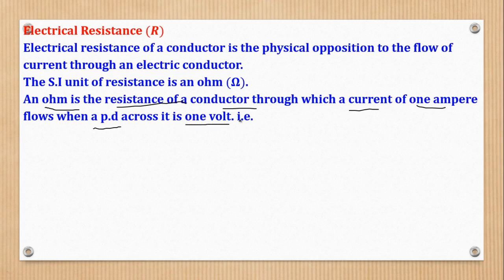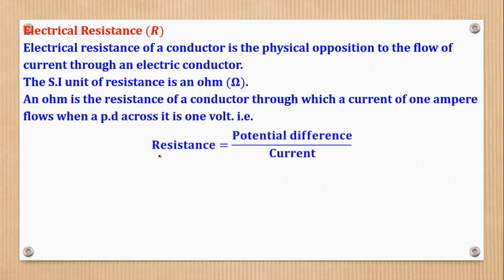So the PD has to be 1 volt and the current has to be 1 ampere for you to get an ohm. So mathematically, resistance is equal to potential difference divided by current. And this resistance is capital R, PD or potential difference is capital V, and current is capital I.